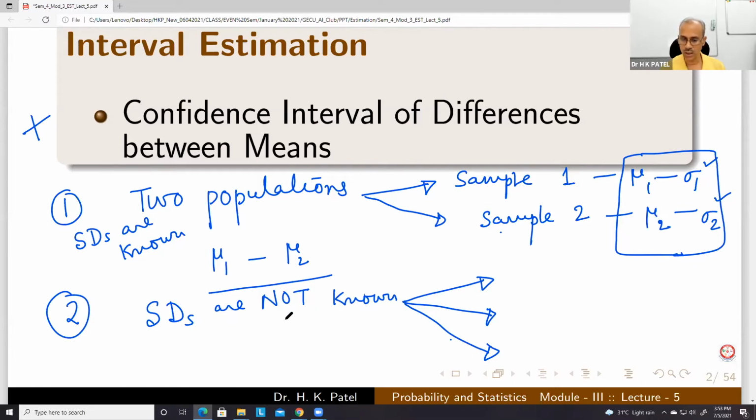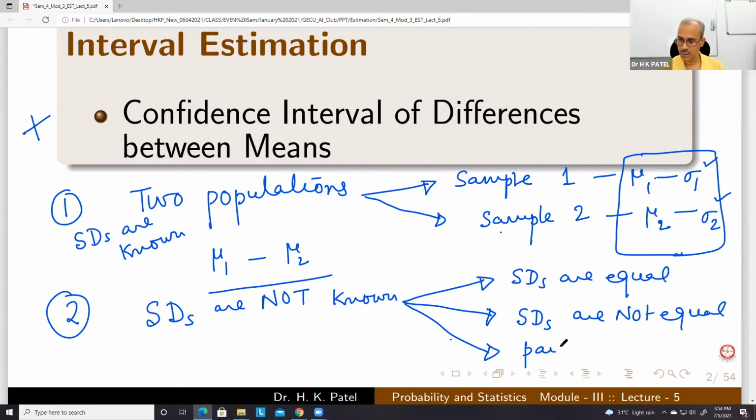Though they are not known, we assume that they are equal, whatever the values are. Or they are not equal. And the last case is the paired sample, which is also known as dependent.